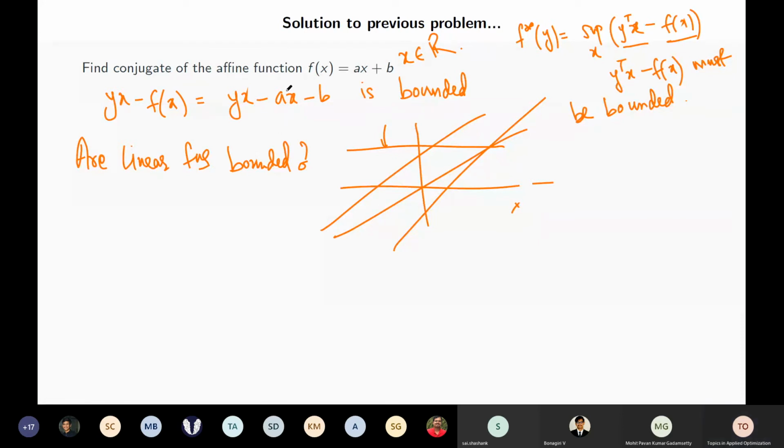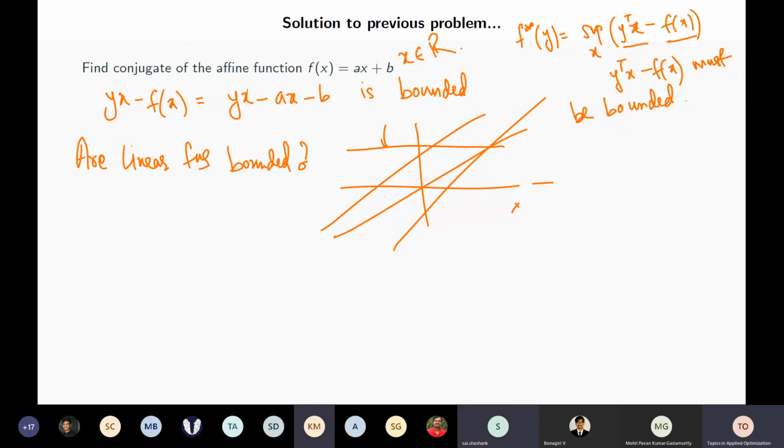So if this is a constant function, then for which values of y will it become a bounded function?